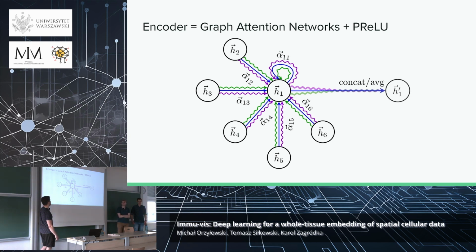I used multiple graph attention layers with PReLU, which is just a ReLU with a learnable parameter. And the idea behind attention in graph neural networks is that when we get messages from our neighbors, some neighbors might be more important than others, so we want to scale the message that they send to the current node, so we can do this easily by attention.